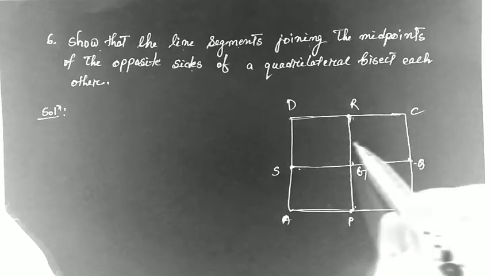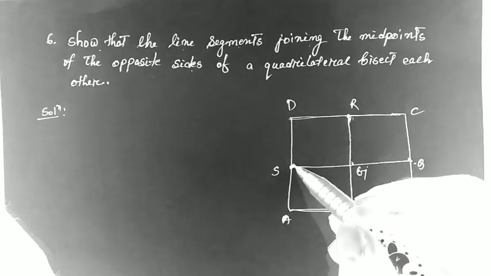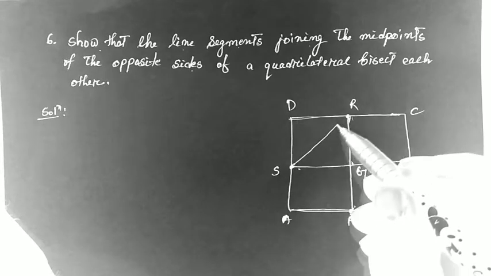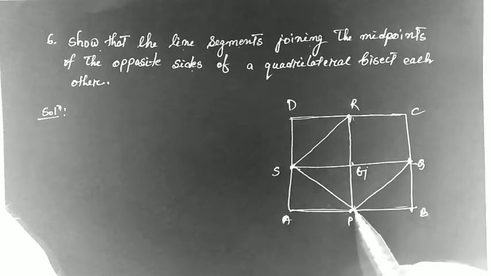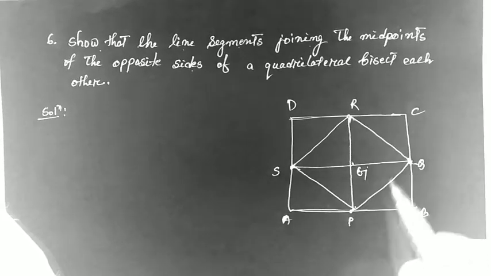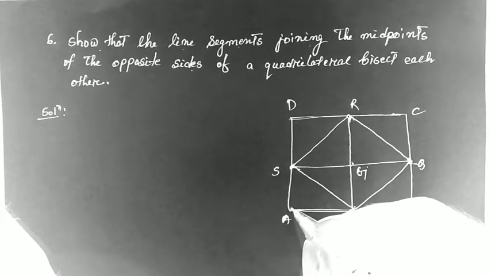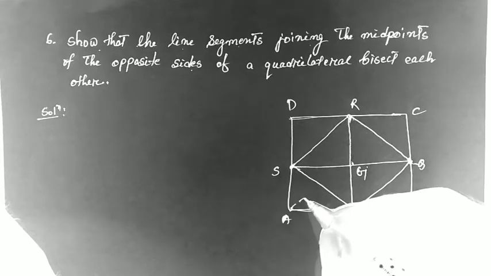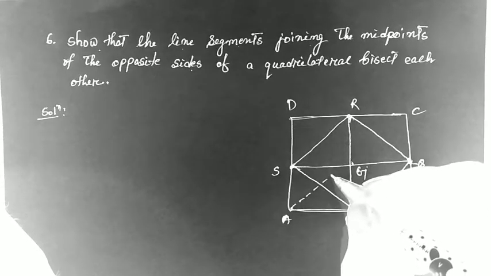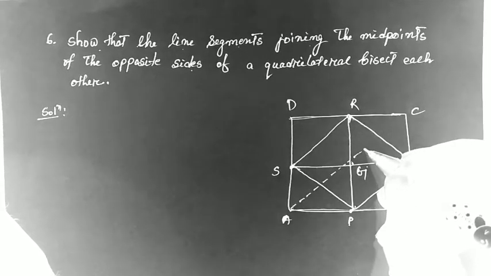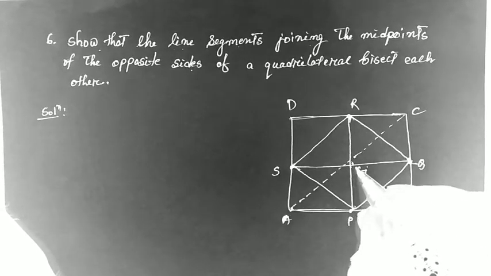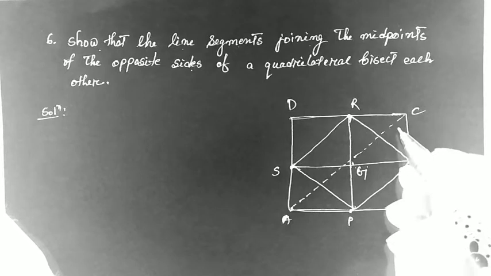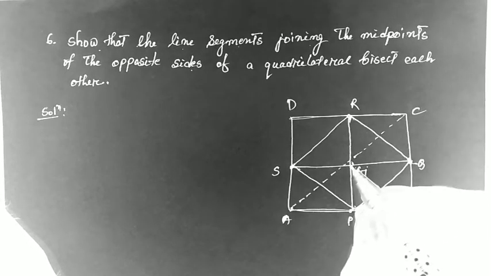So for that we will connect these things, and we have constructed this one, AC is joined. It is not necessary that AC will pass through G, because G is an extra point and AC is the diagonal, so it is not necessary for AC to pass through G.